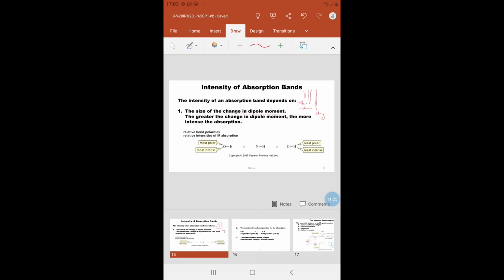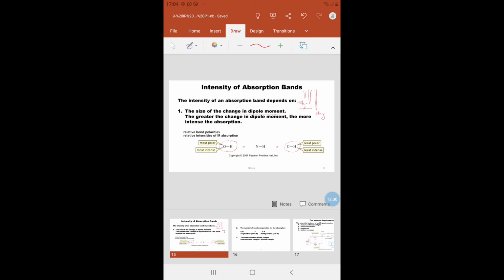When we compare OH and CH, O is very electronegative compared to C, so OH is more polar, and the change of dipole moment between these two atoms is higher. That's why in the spectrum the OH peak is strong compared to the CH. So this is a factor that influences the intensity.